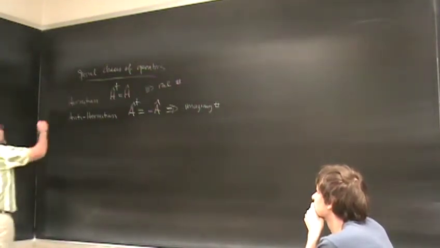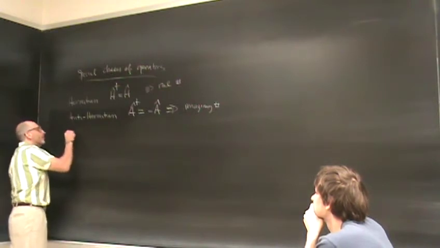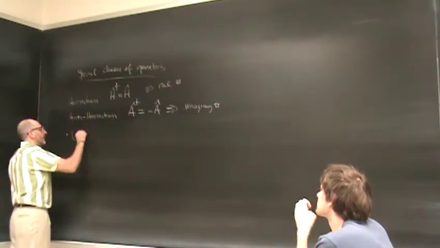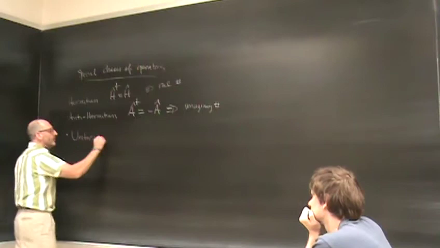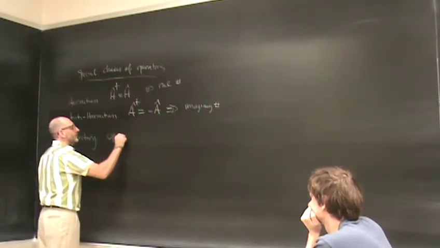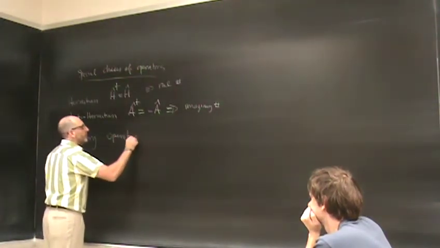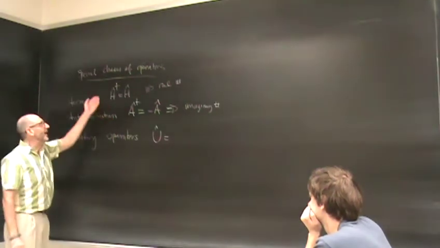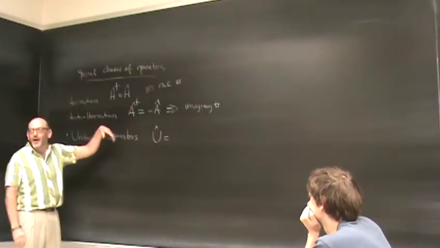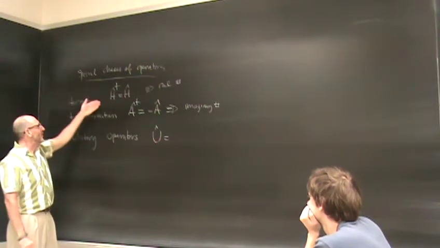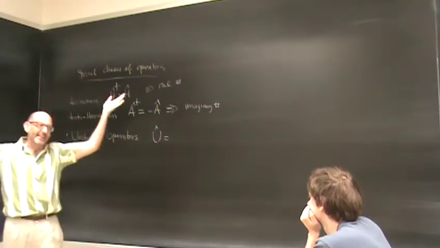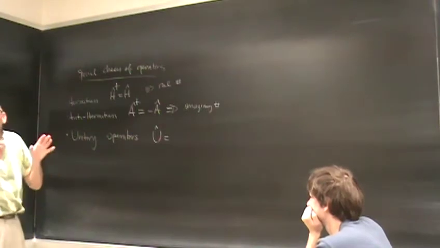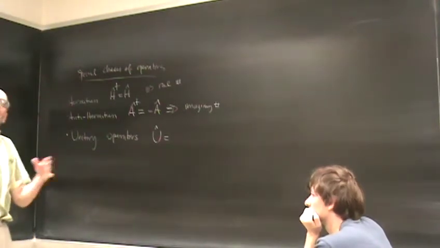Okay, and the other very important class of operators that we talked about briefly are unitary operators. Unitary operators are almost always called U. By the way, Hermitian operators are generally called H. Sometimes I'll call a Hermitian operator A. So there's some notation that we use all the time and some we don't.